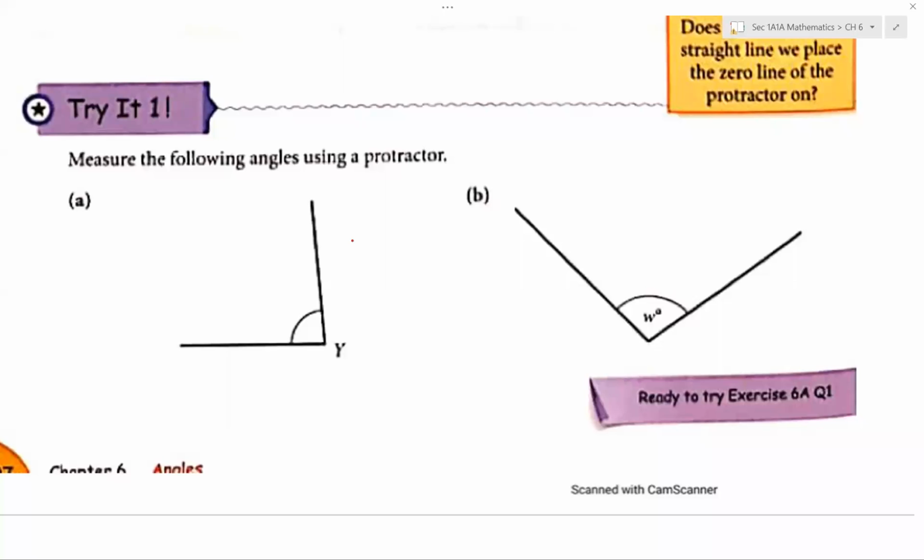Yeah. Question 1A? Yeah. What is the angle that is shown? Do you know how to do it? Yeah. Wait, I'm going to take my protractor. No need for a protractor. 1A has the protractor drawn for you already. Oh, okay.